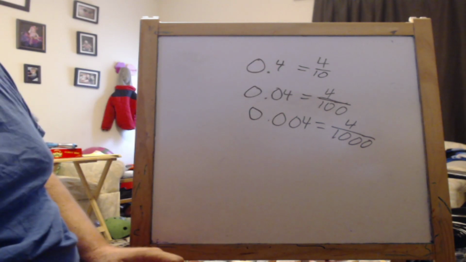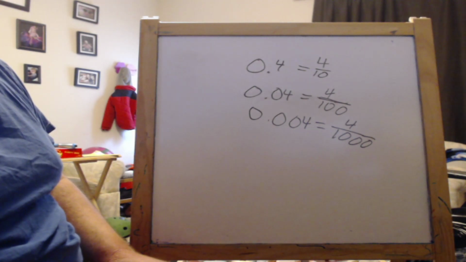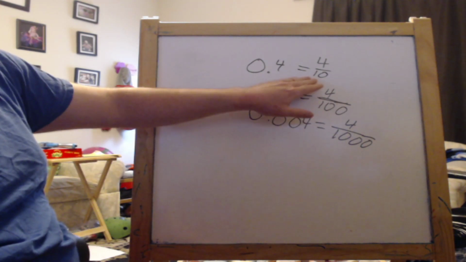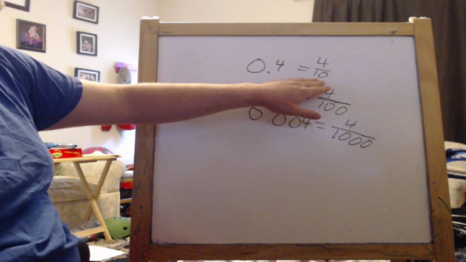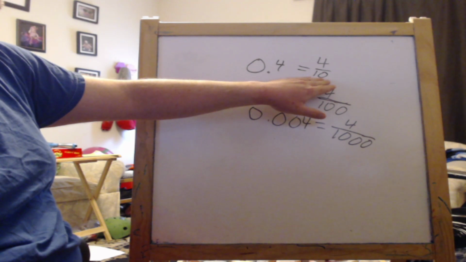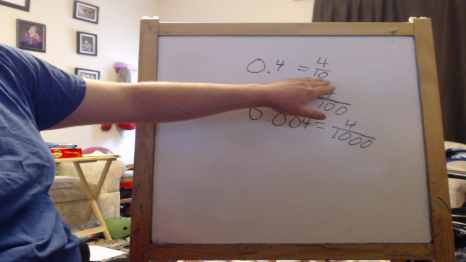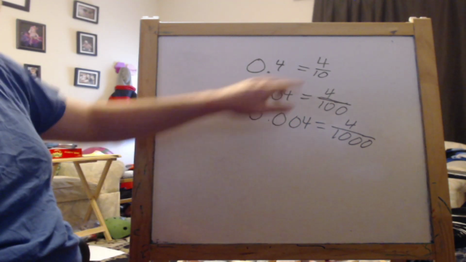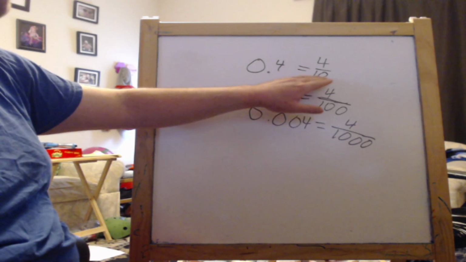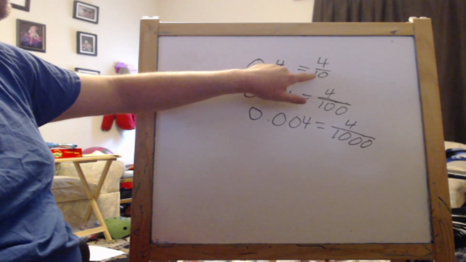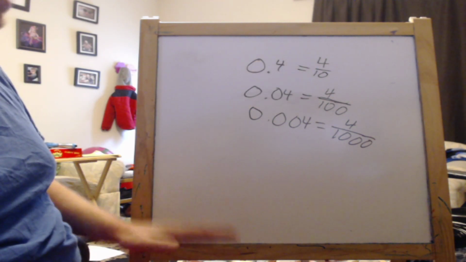Now, these fractions are not reduced the way that you would want them to be. What I mean by reduced is that they are basically the lowest numbers they can be as equivalent fractions. I know that these are not reduced because you can divide both numerator and denominator by the same number.